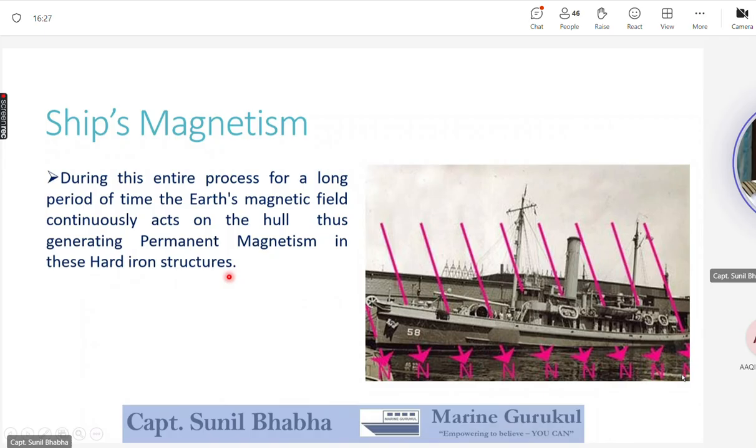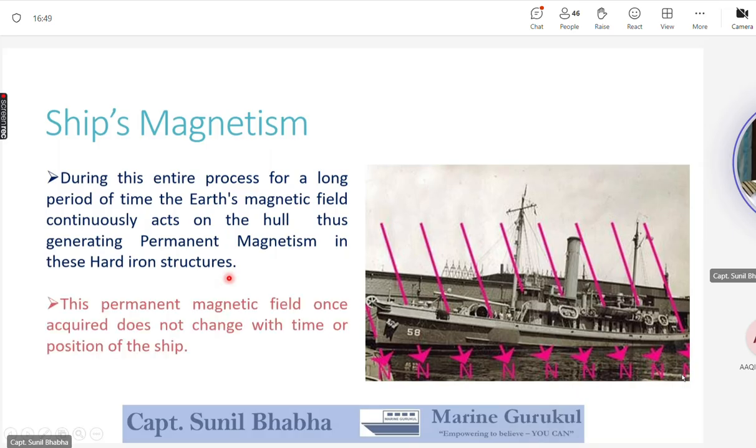And this Earth's magnetic field acting on it during all these jobs or work being done generates a permanent magnetism in these structures. Since a lot of working upon is being done, they are hard iron structures, and the Earth's magnetic field generates a permanent magnetism in these hard iron structures.